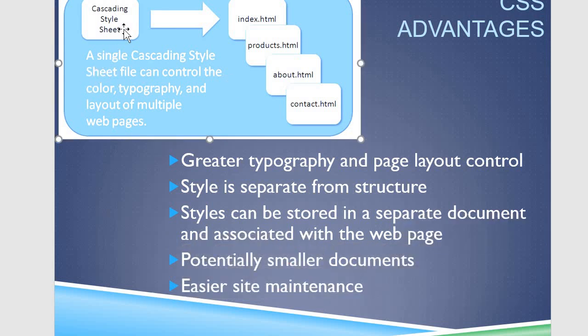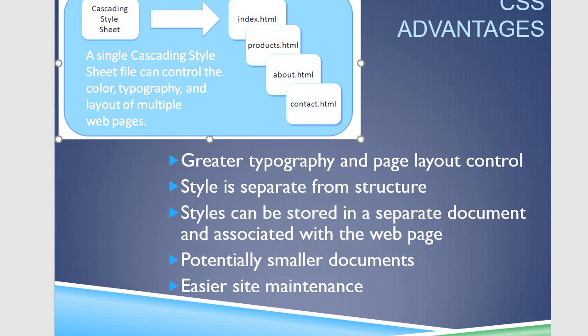Then you can see in this picture, a single cascading style sheet file can control the color, typography and layout of multiple web pages. What is that? Cascading style sheet.